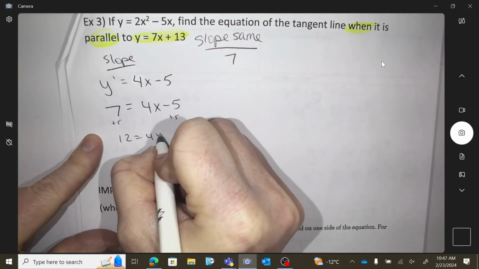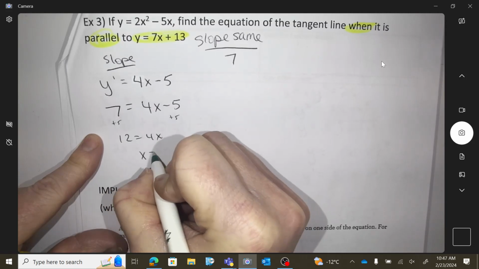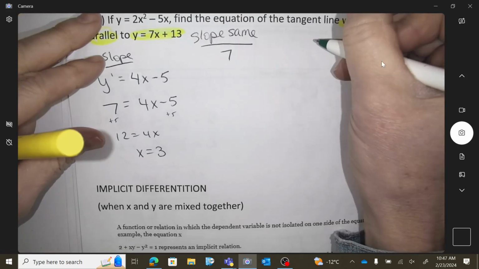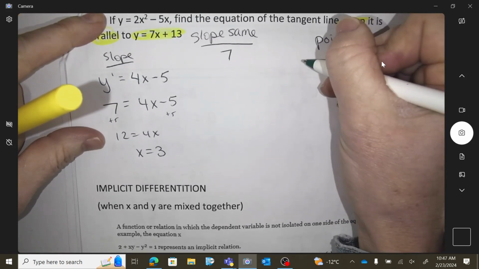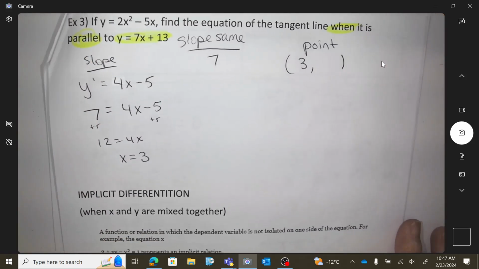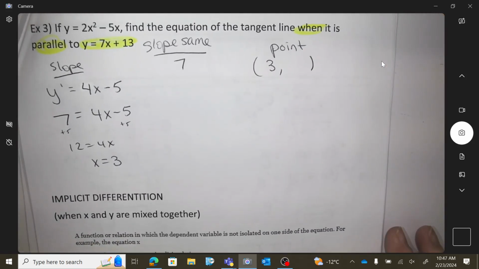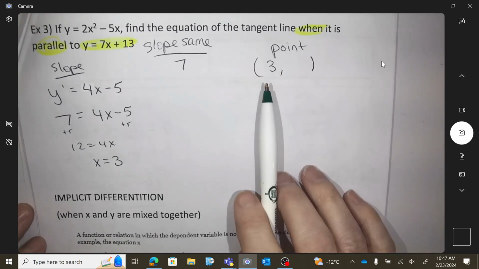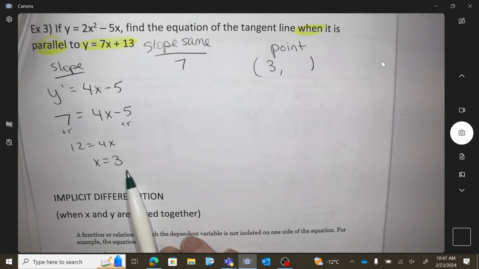Add, divide. Okay, so here's what I figured out. When x is 3, my tangent line has that 7 slope.